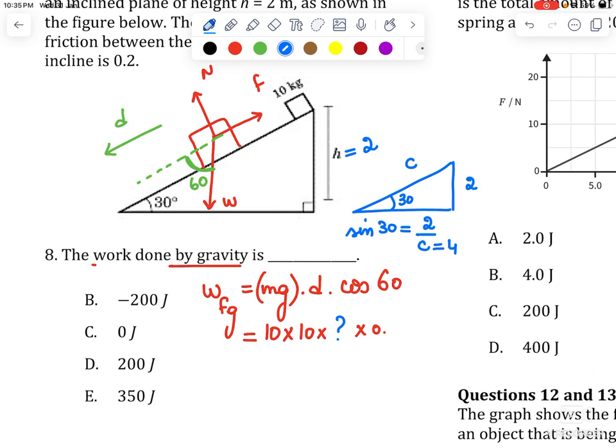C is actually the distance, and replacing it here by 4, and again cosine of 60 is 0.5, it will give me 200 joules. So the correct answer is 200 joules.